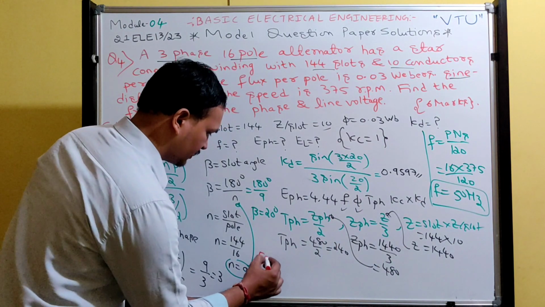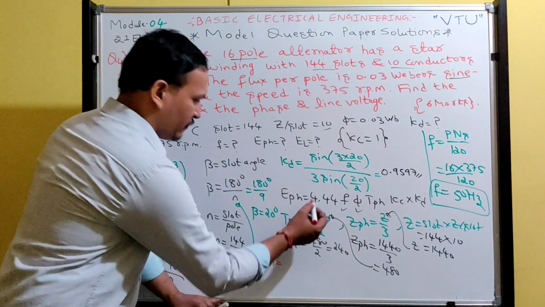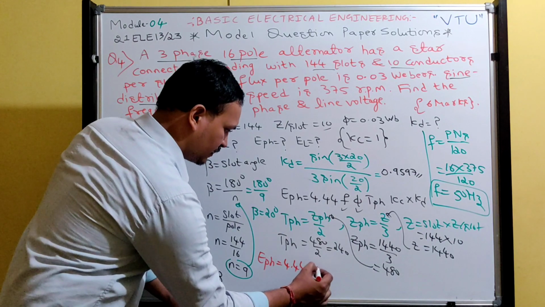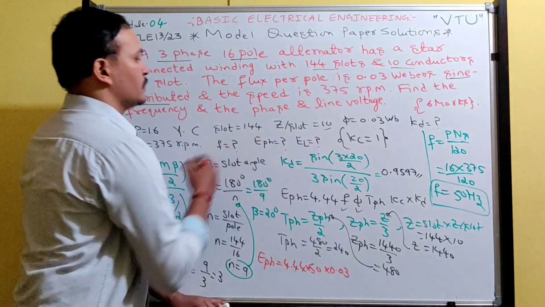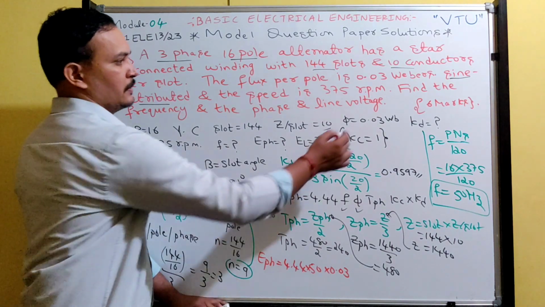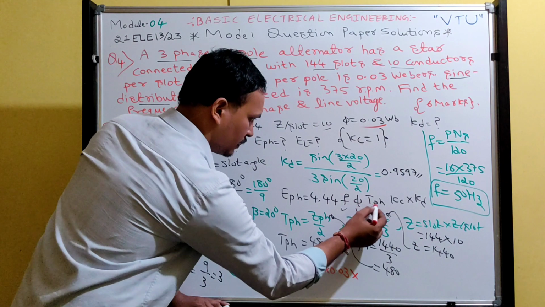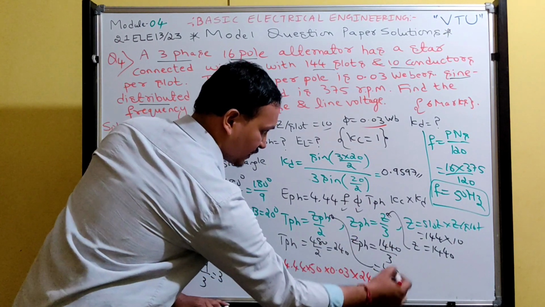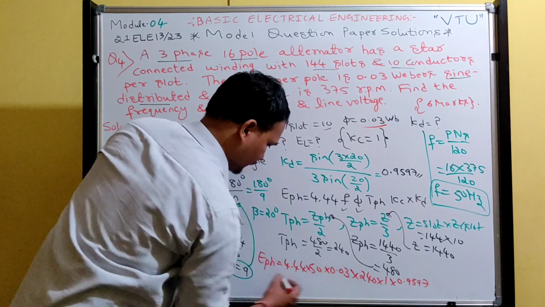Now I got everything, and now I am going to put it in the formula. So 4.44. What frequency did I get? 50 Hertz. What is the value of flux? 0.03, from the data, into TPH is 240. KC is 1. KD is 0.9597.